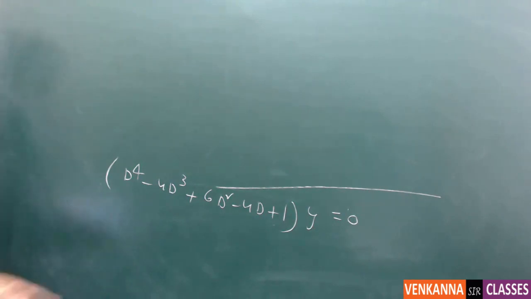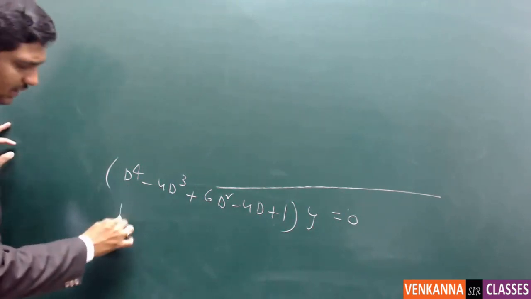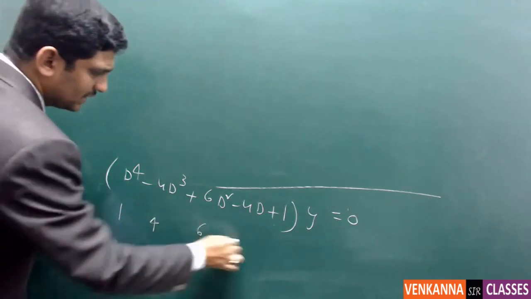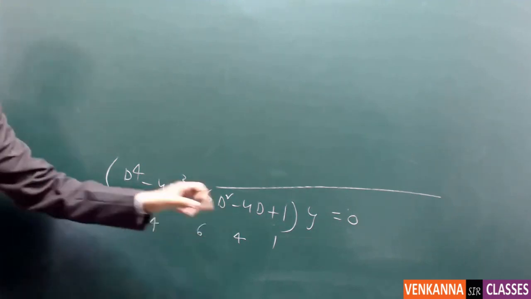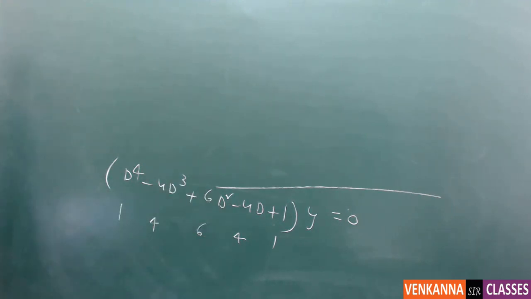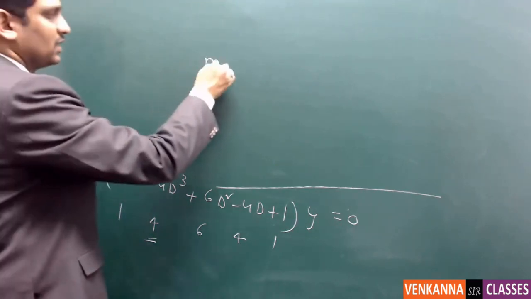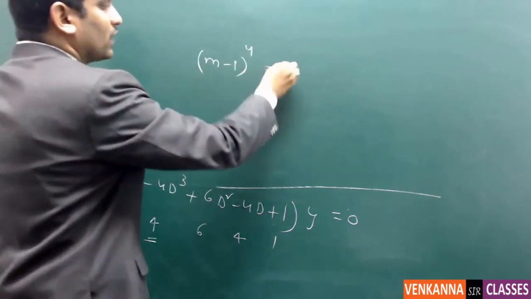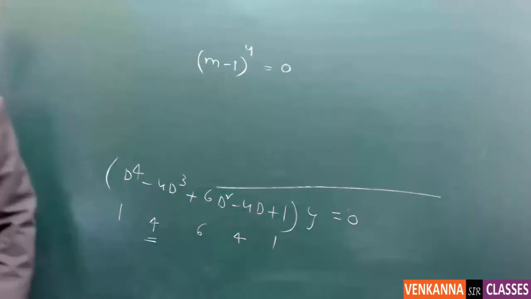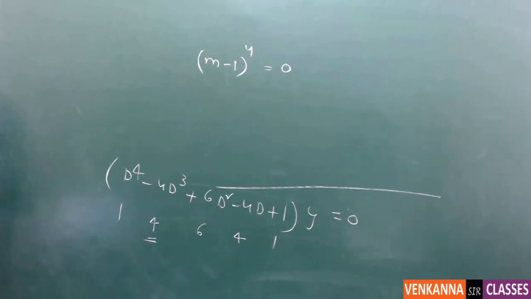One thing is, if you observe the coefficients, it is 1, 4, 6, 4, 1. They are nothing but the coefficients of binomial expansion, if you know the Pascal triangle, with plus and minus symbols varying. Since 4 is present there, it is nothing but (m minus 1) whole power 4 equal to 0, if you know the thing correctly.